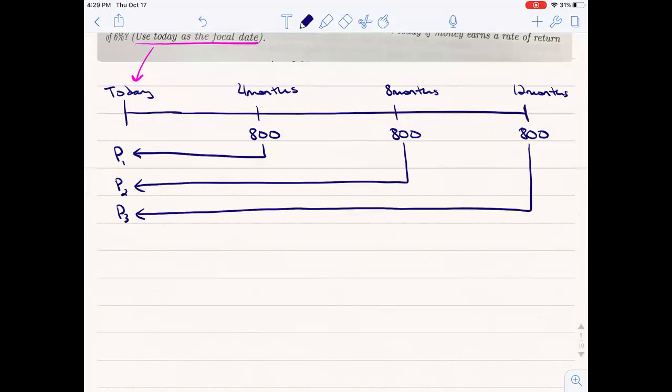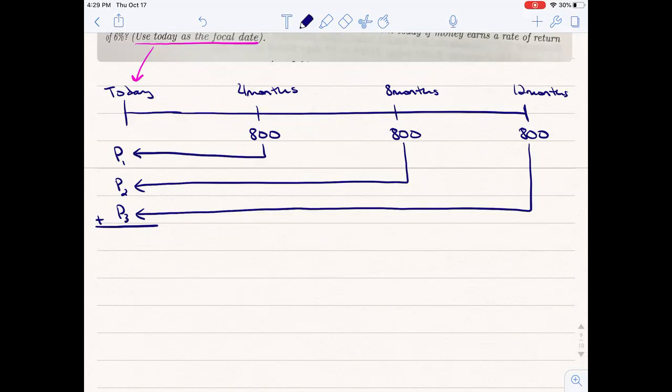Something that helps you remember which one's which, but with the timeline, you can just look at it and say, oh, P1 is the one for 4 months from now, P2 is the one for 8 months, P3 is the one for 12 months, right? But whatever you want to do. And then if we add these all up, that's going to be the total value of this investment today.